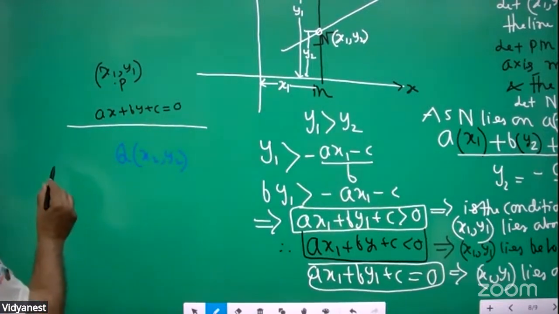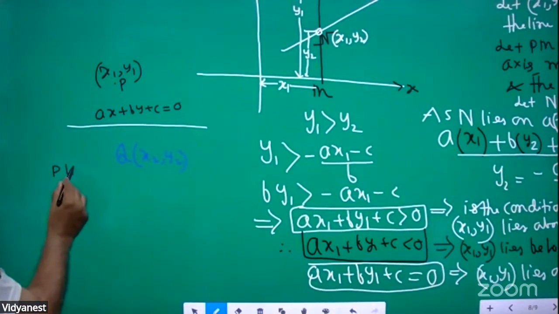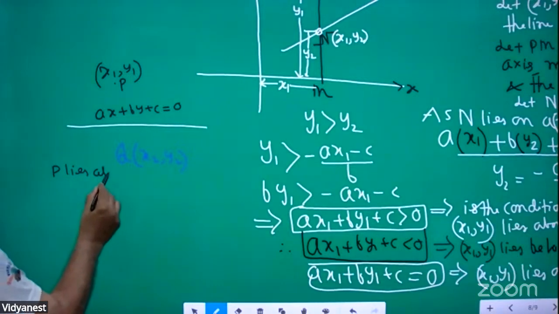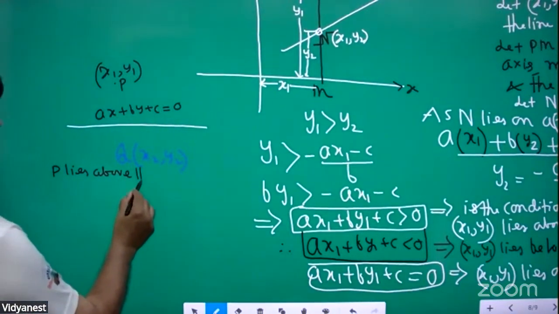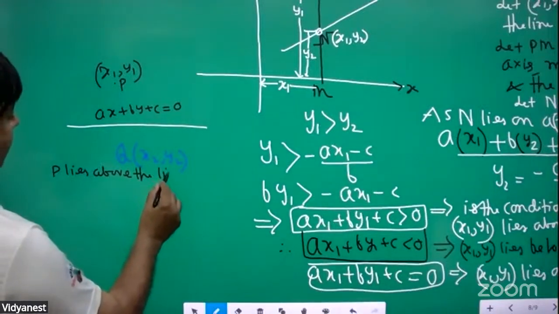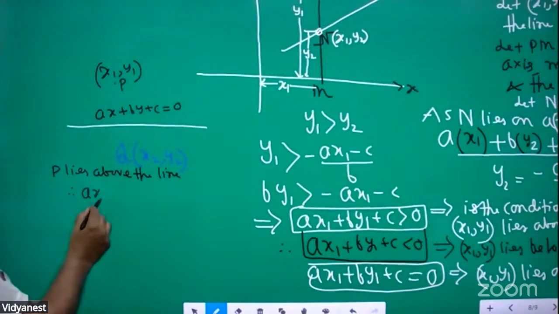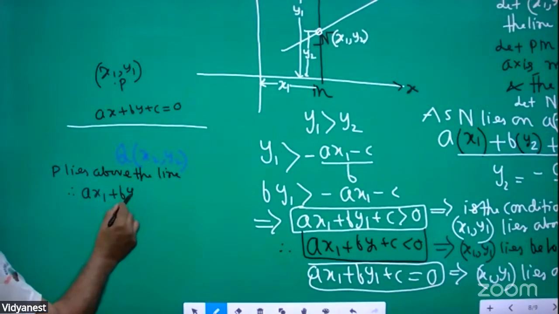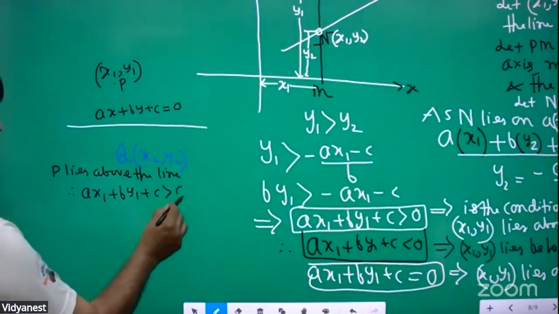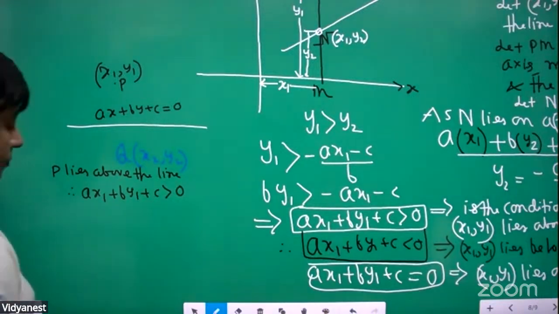Now P lies above the line. Therefore, x1 + by1 + c > 0.